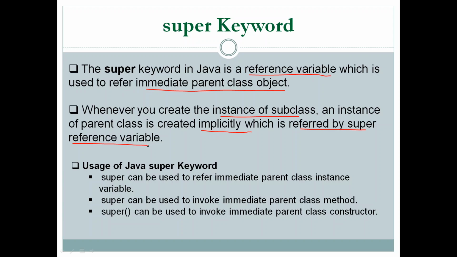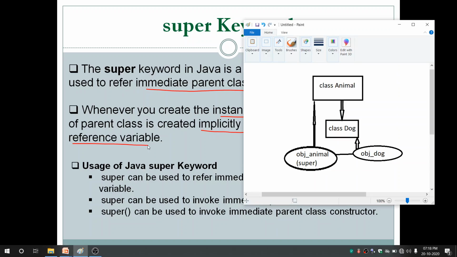Now, look at this diagram to understand this. Consider we have a class Animal and a class Dog, where class Dog is inheriting class Animal. When we create an object of class Dog, say obj of Dog, an object of Animal class is also created automatically, and that object can be referred to by a word.